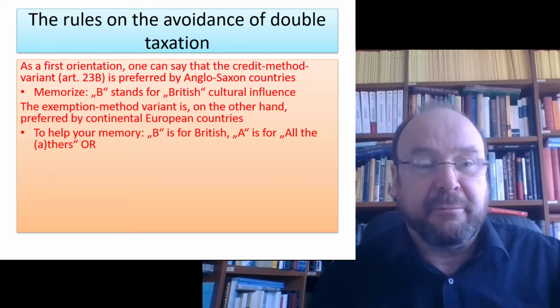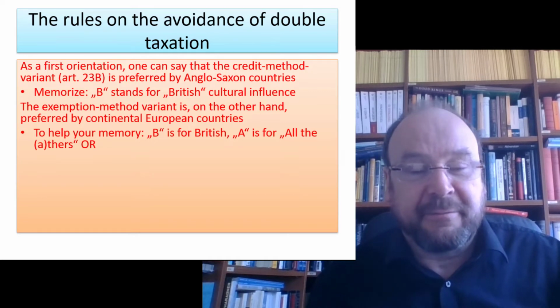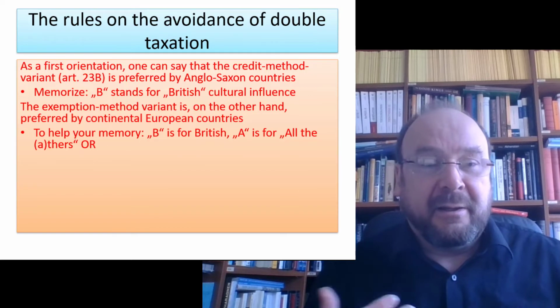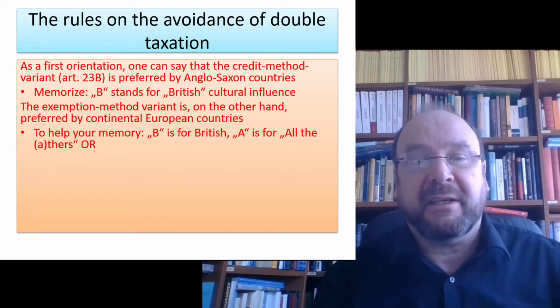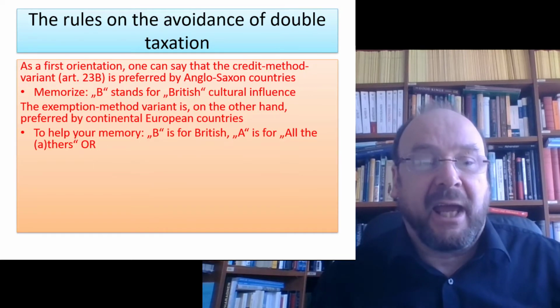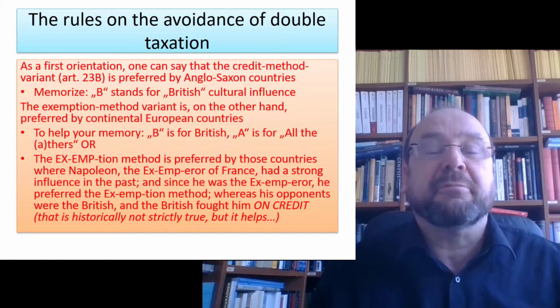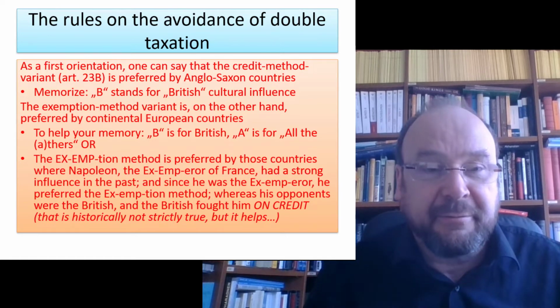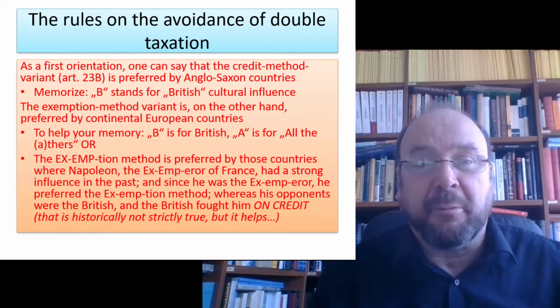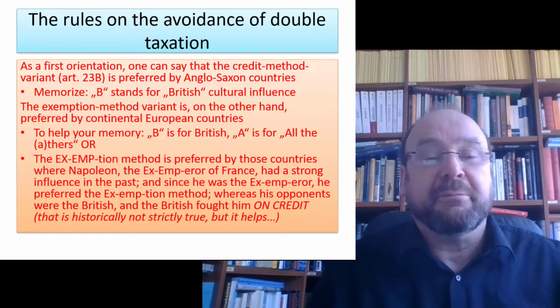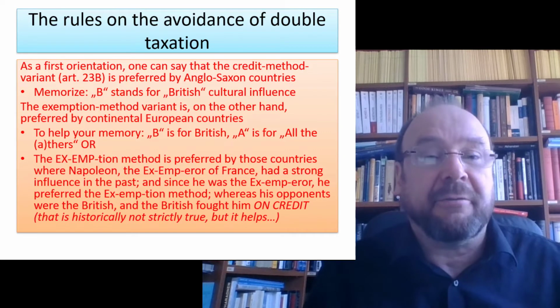Or you could even make a kind of memory help. You could make it up from history. The exemption method was preferred by Napoleon and where he had influence. Napoleon is a former emperor of France. So Napoleon is an ex-emperor of France.